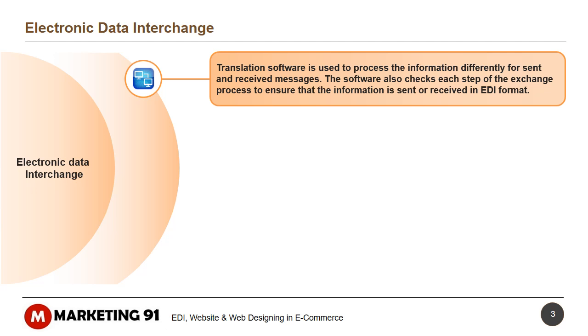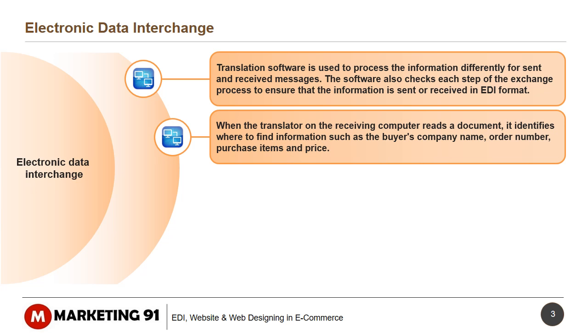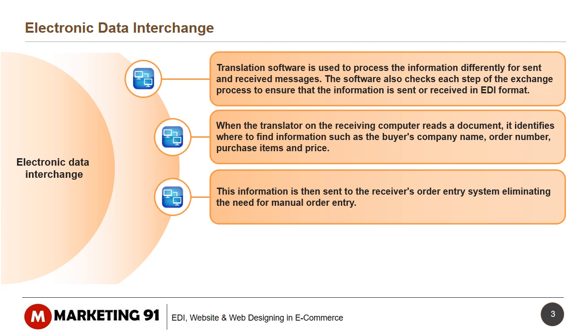The software also checks each step of the exchange process to ensure that the information is sent or received in EDI format. When the translator on the receiving computer reads a document, it identifies where to find information such as the buyer's company name, order number, purchase items and price. This information is then sent to the receiver's order entry system, eliminating the need for manual order entry.